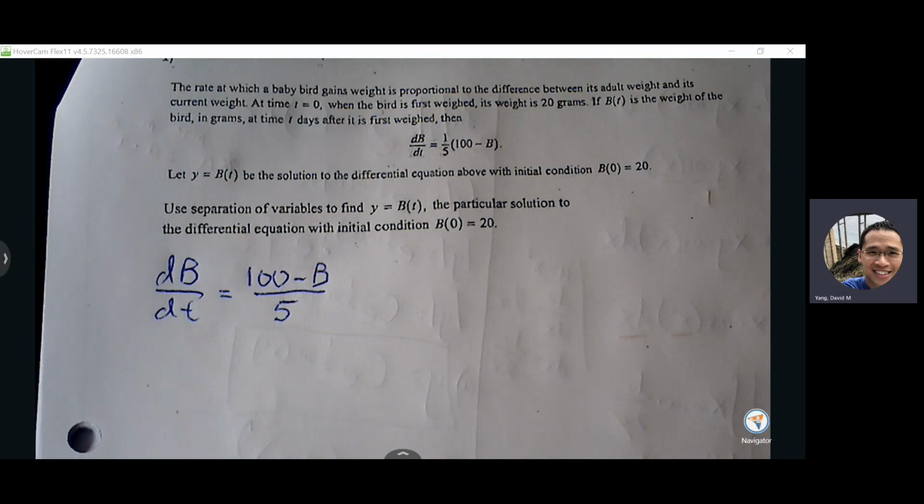Bring that back there. Okay, cross multiply.